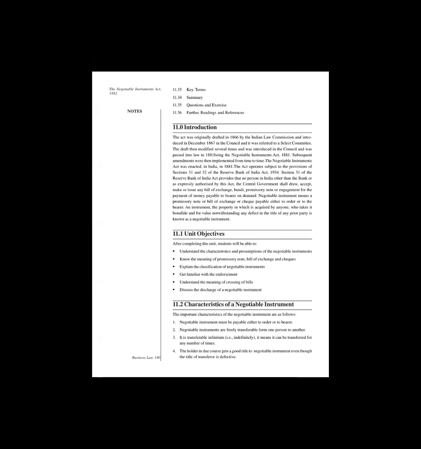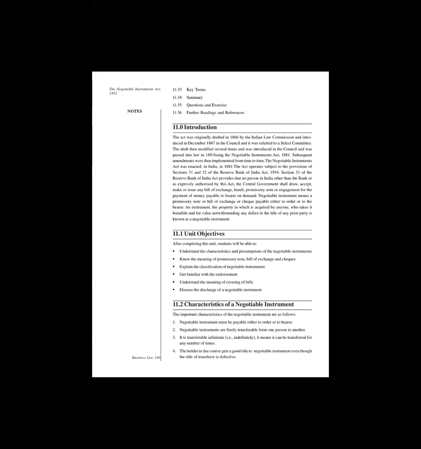The first important characteristic is that a negotiable instrument must be payable either to order or to bearer. Next, negotiable instruments are freely transferable from one person to another. Third, it is transferable ad infinitum, which means it can be transferred any number of times.